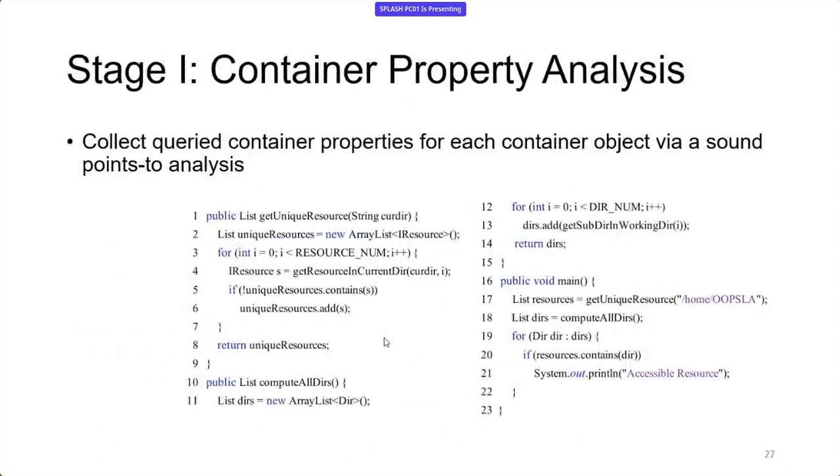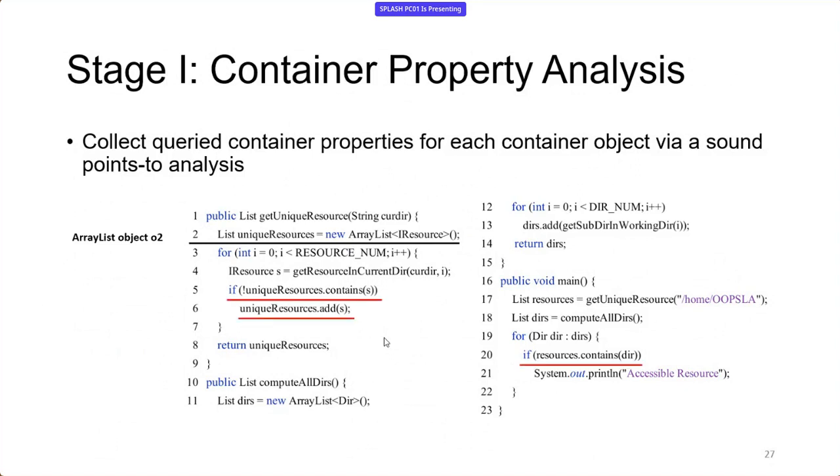For the first stage, we need the points-to facts to identify which container method calls manipulate a specific container object. Here we utilize allocation-based abstraction to determine abstract container objects. For example, the allocation statement at line 2 determines an abstract array list object O2. Based on the sound points-to analysis facts, we can find all the possible manipulations upon this object.